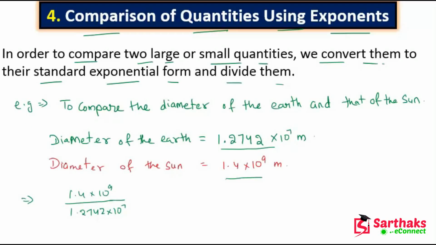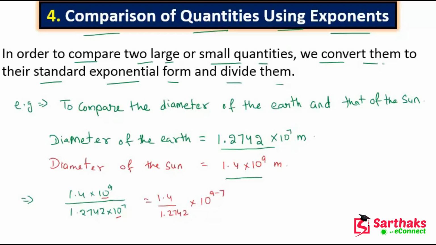Now you can observe this: 10 raised to power 9 and 10 raised to power 7. The base is the same, the power is different. So we can write it as 1.4 upon 1.2742 into 10 raised to power 9 minus 7.